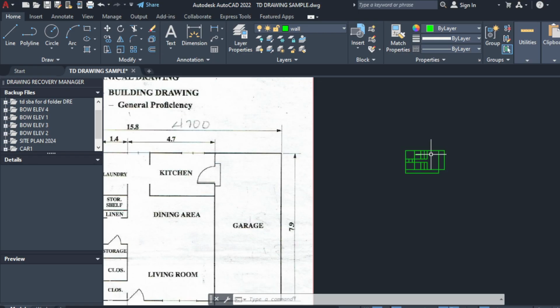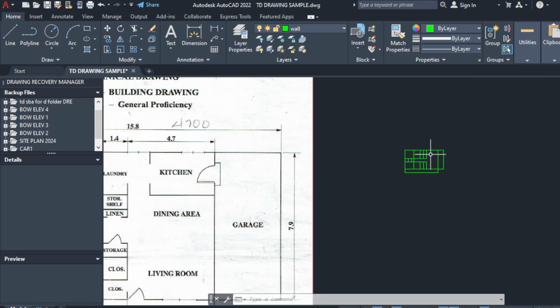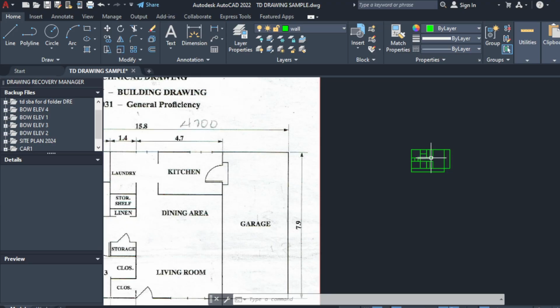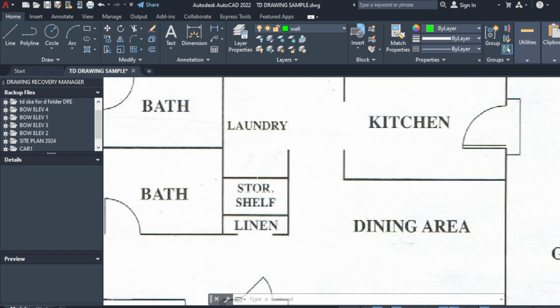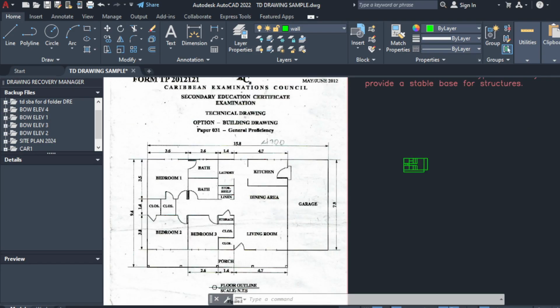Right, next I'm going to get, right, so they didn't say how to divide these, like the linen and the storage. So they left this up to our own discretion. So our linen space here can be 400.